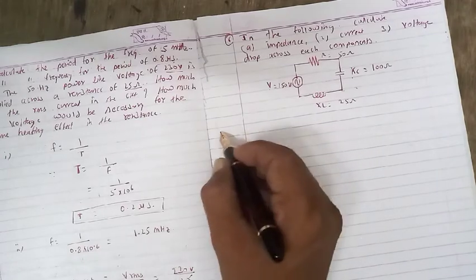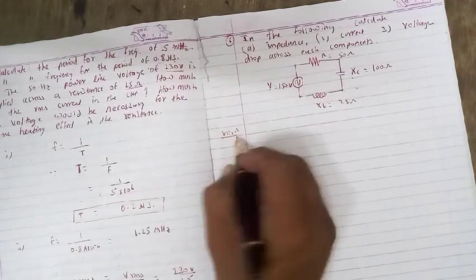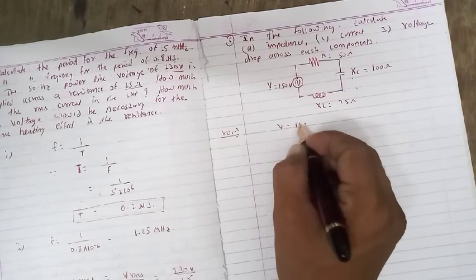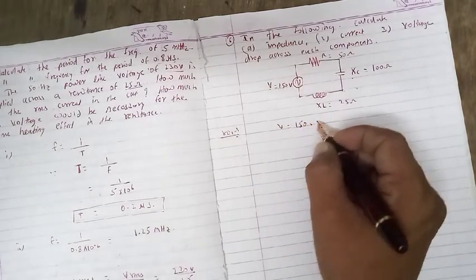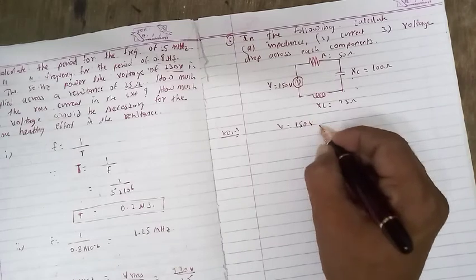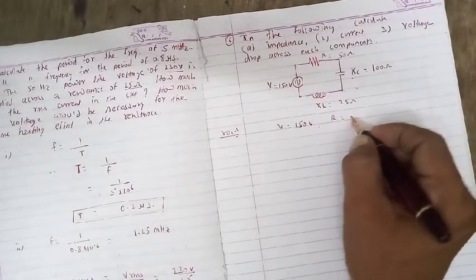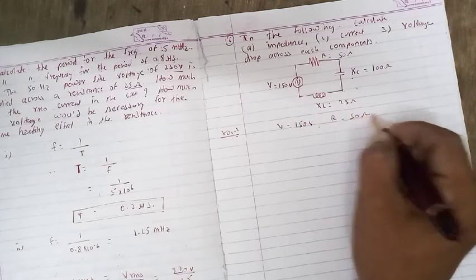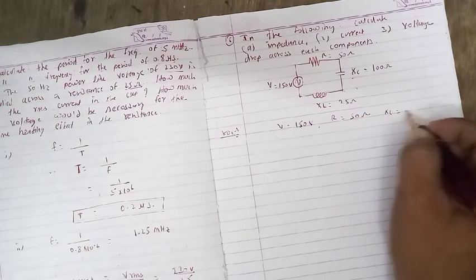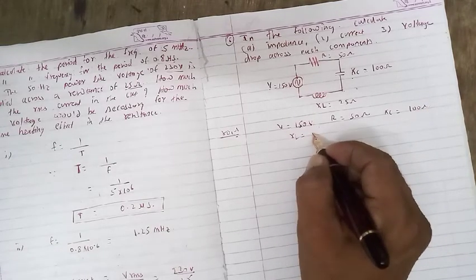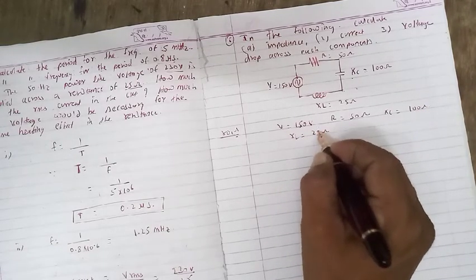Now first, what is the main thing? You have to write down V is equal to 150 volt, R is equal to 50 ohms, XC is equal to 100 ohms, XL is equal to 25 ohms.